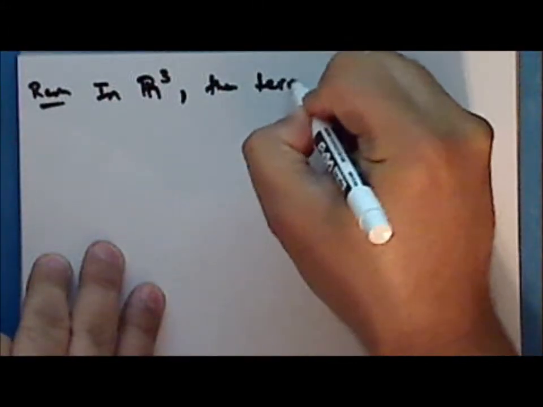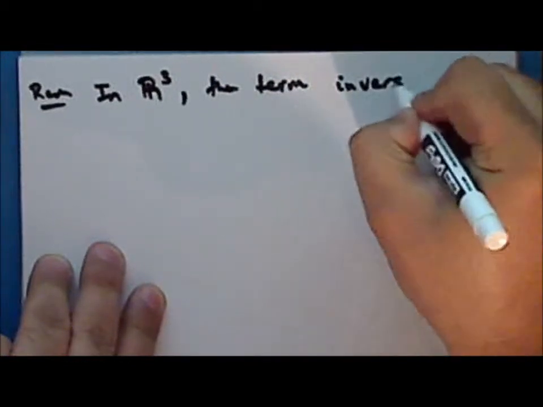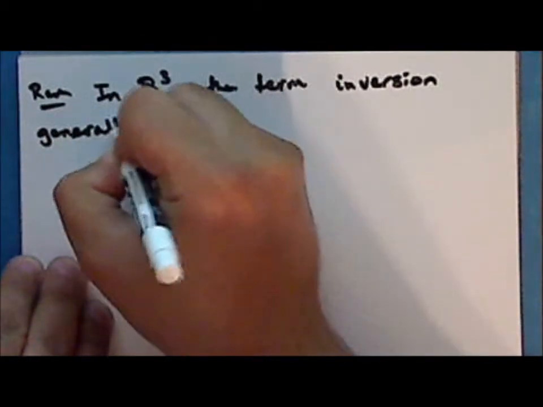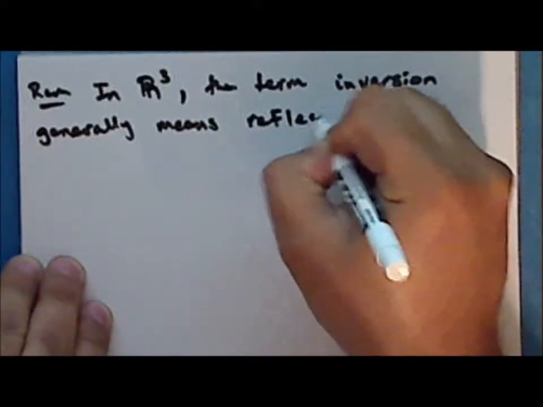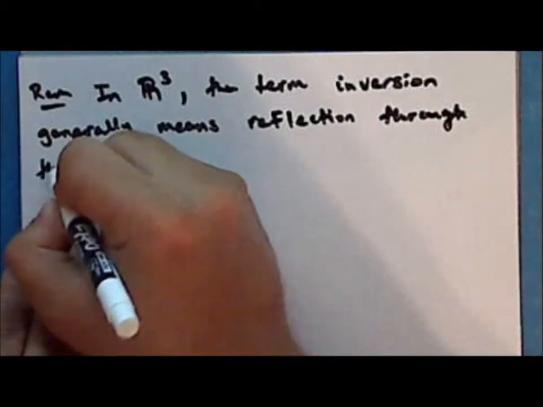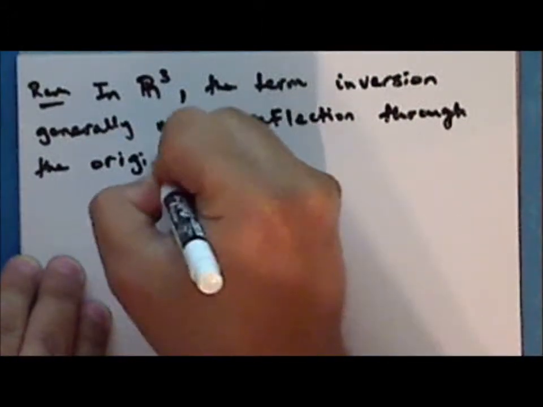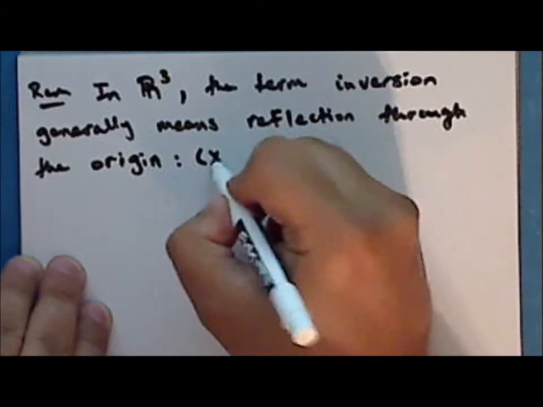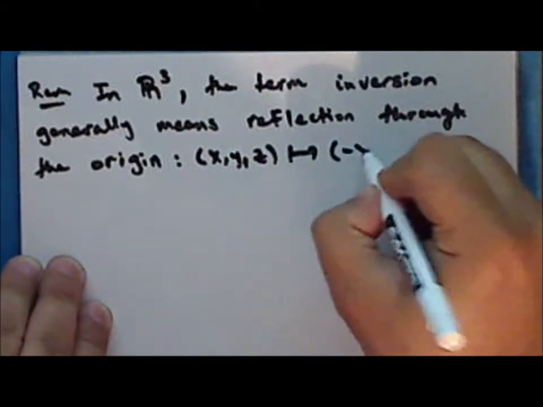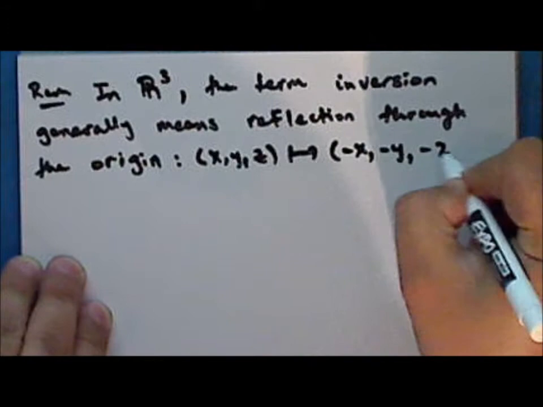Now, in three-dimensional real space, the term inversion generally means reflection through the origin, in which case the point x, y, z is mapped onto the point negative x, negative y, negative z.